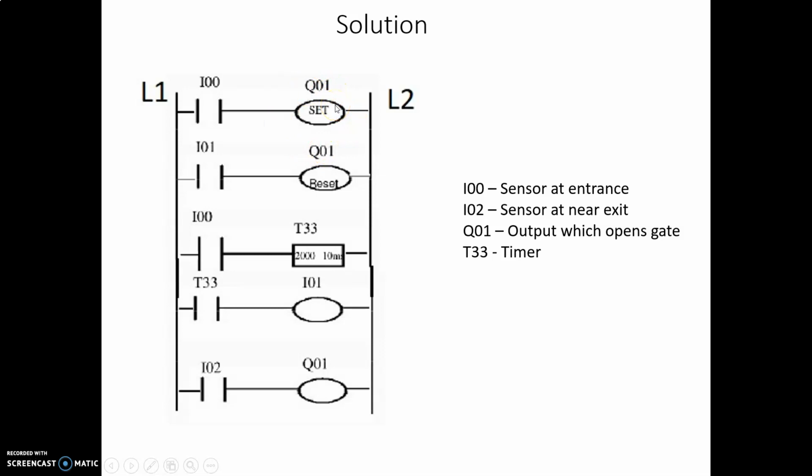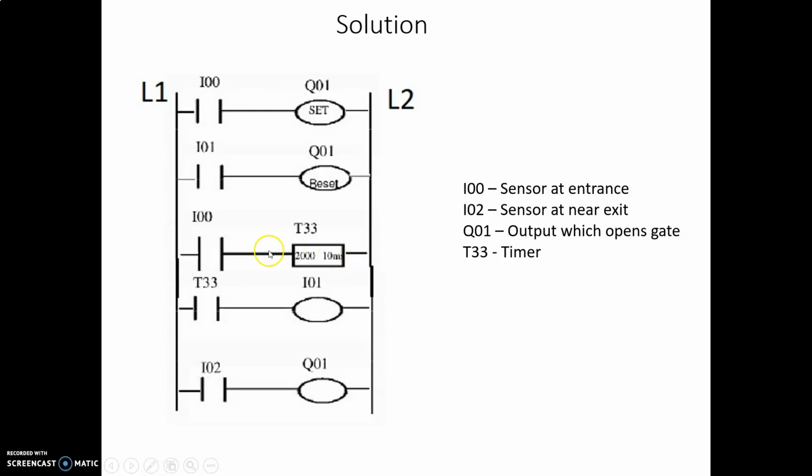Now the next condition is what? When the gate is open, the gate should remain open for 20 seconds. So I will have to make sure that this input is connected to a timer. That's what we can see here. That's why this input I00 is connected to a timer here. This timer is of 20 seconds.